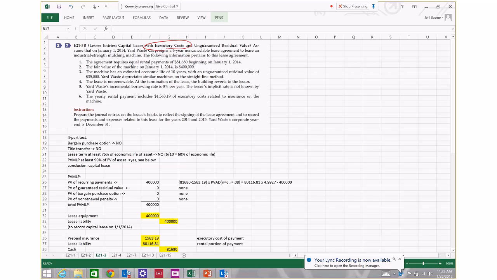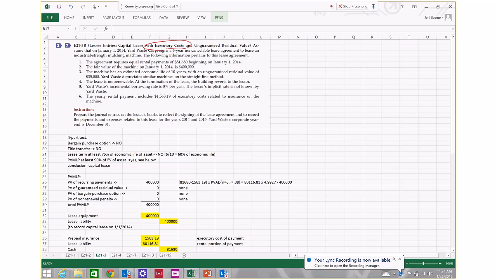The key point is sometimes lease payments stipulate that a portion of the lease payment is for executory cost. And when that is the case, you have to pull those executory costs out when doing the present value calculation because they are not considered to be a component of minimum lease payment.